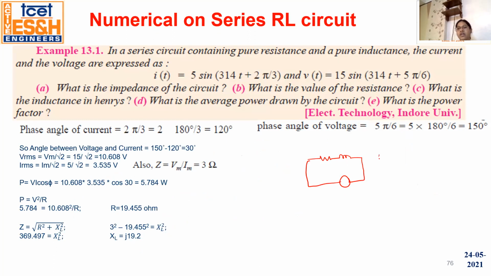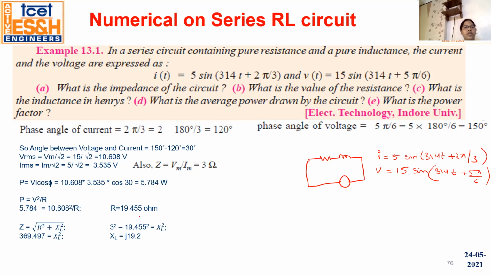Current is given, i is equal to 5 sin(314t + 2π/3). This is the current, and the voltage is 15 sin(314t + 5π/6). This is the given voltage equation.